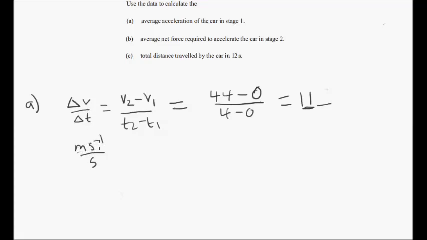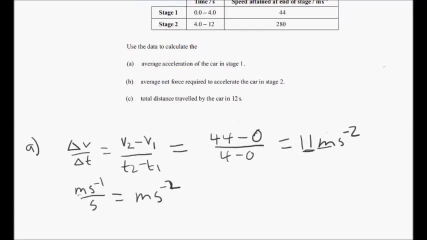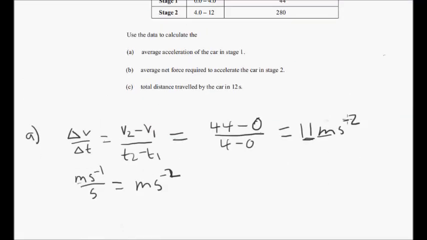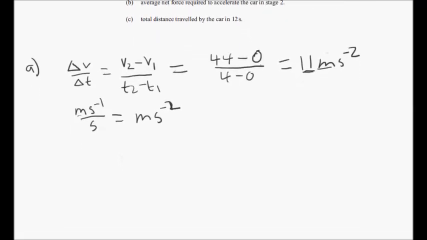So meters per second over a second, which is meters over seconds squared. And that turns out that that is also acceleration. So that makes sense. That confirms the answer itself, that the average acceleration is going to be 11 meters per second squared. Awesome. Let's do question B now.